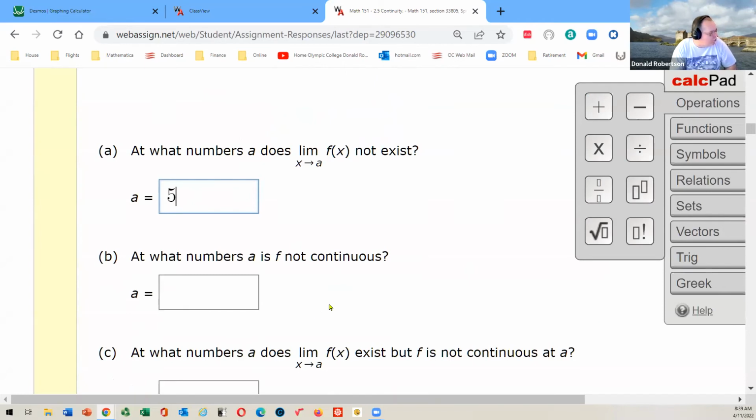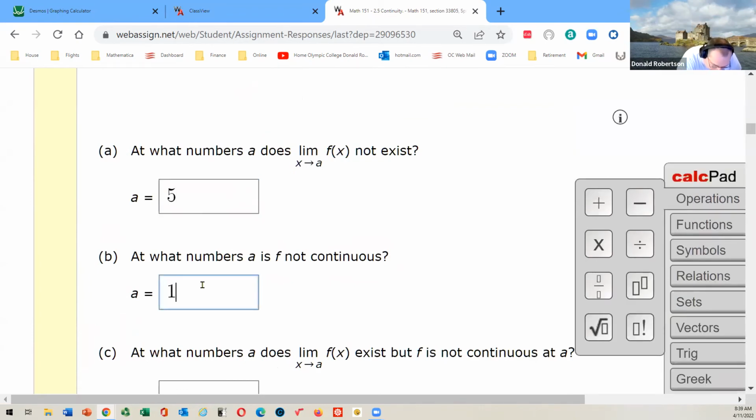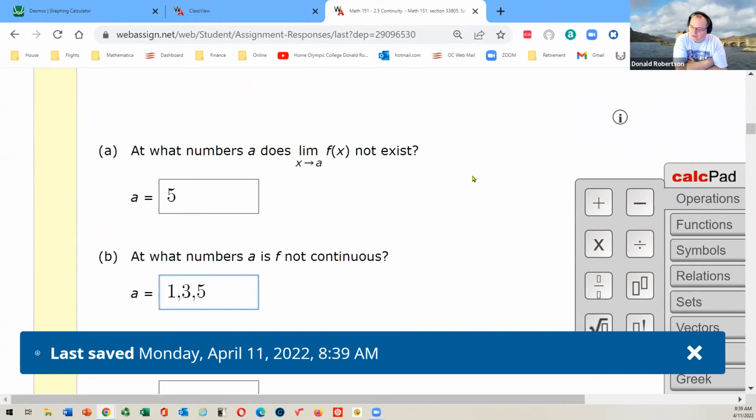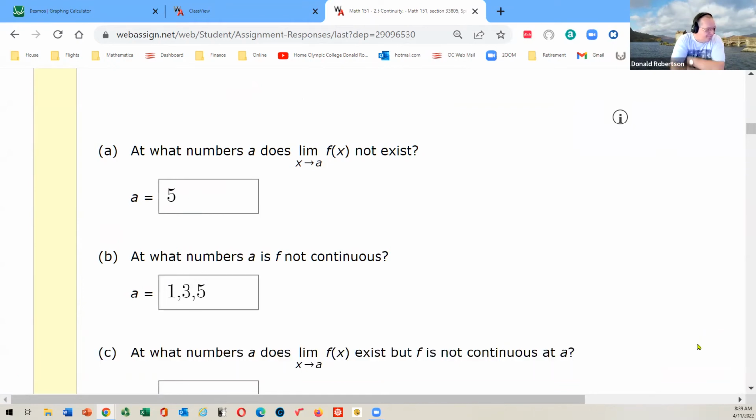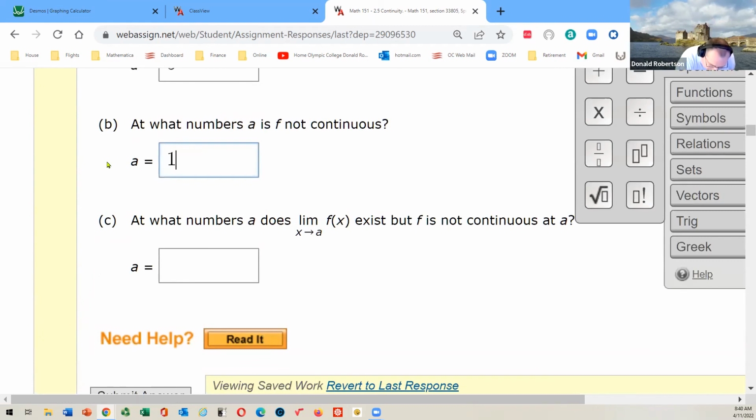Now, when it says at what numbers is it not continuous, well, that's going to be 1, 3, and 5. And I just thought of something, and someone here hopefully has done it. Do you know when you're doing those questions where you write 3 answers, 1, 3, 5? Is WebAssign clever enough to do 5, 1, 3? Does it care that you put them in order, or it isn't really bothered? Has anybody done that yet, where they put the numbers accidentally, since you've got 5 guesses? I am going to do that. 1, 5, 3, okay?